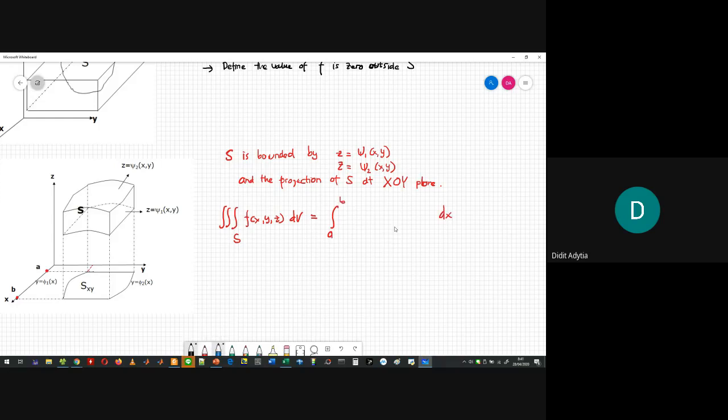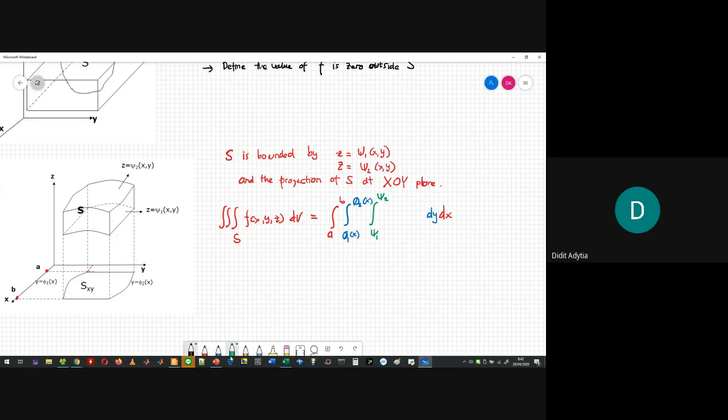Okay, and then y-nya adalah from psi 1 x until psi 2 x. Okay, this is dy. And then I use a green, and then the rest is the z. Z is from psi 1, okay, until psi 2.